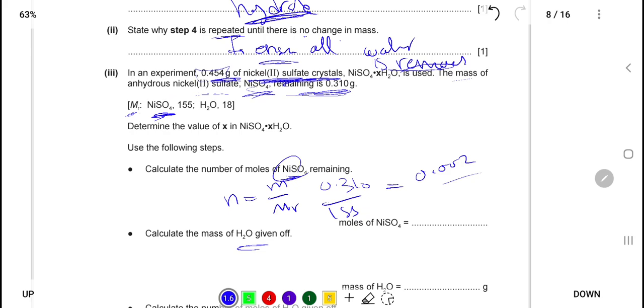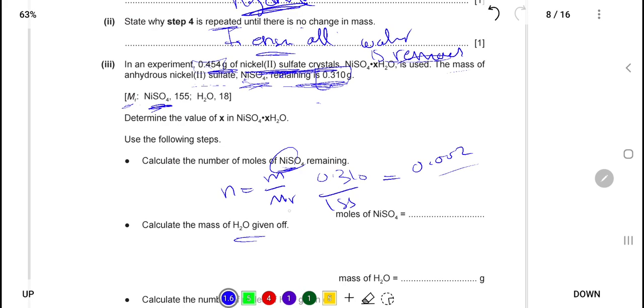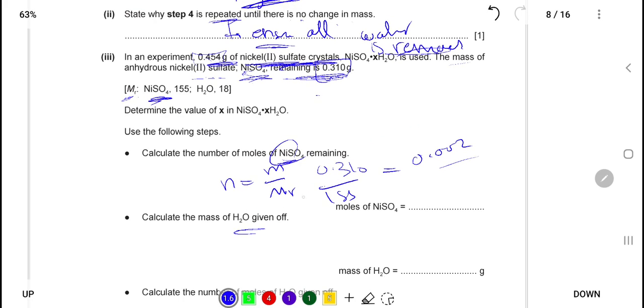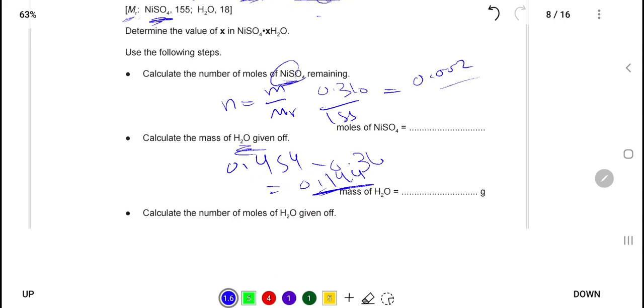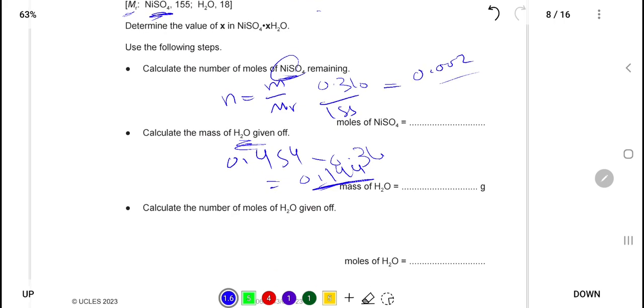The NiSO4 is one of the products. So this minus this gives you the other compound, which is H2O. So 0.454 minus 0.310 is 0.144. You found an easy way to find the mass of H2O.